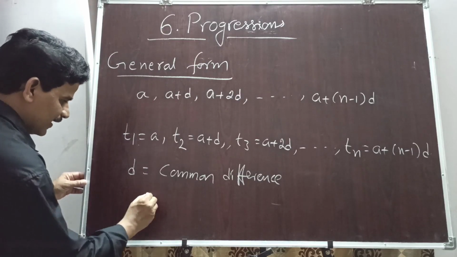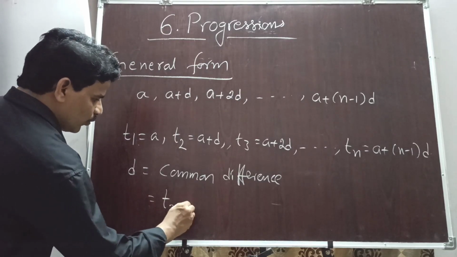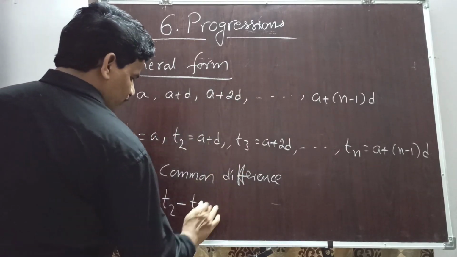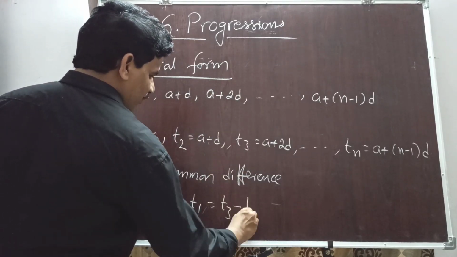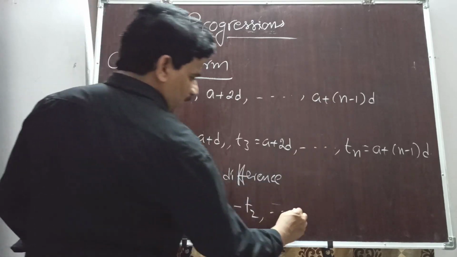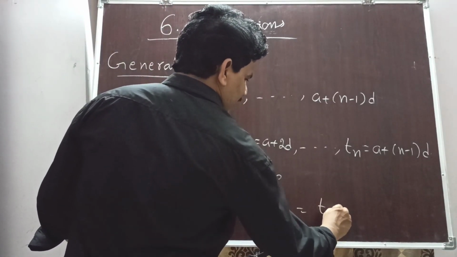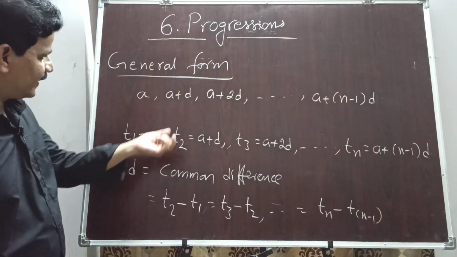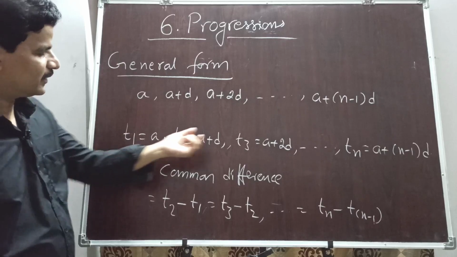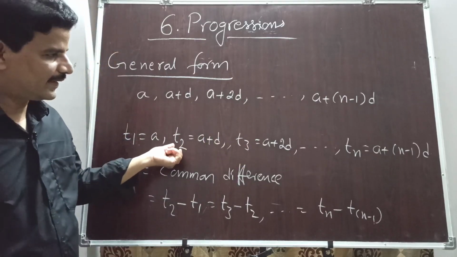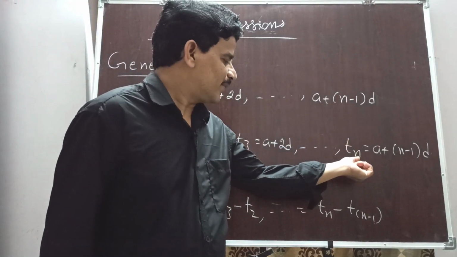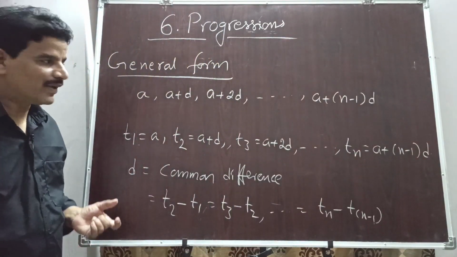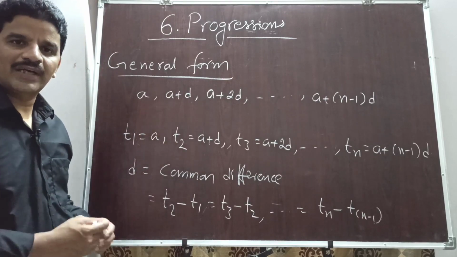So the formula for d is t2 minus t1, or t3 minus t2, and so on, or tn minus tn minus 1, means second term minus first term, or third term minus second term, and so on, nth term minus n minus 1th term. It gives the common difference in the entire arithmetic progression.